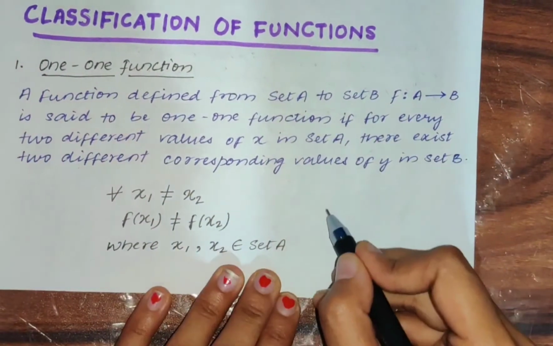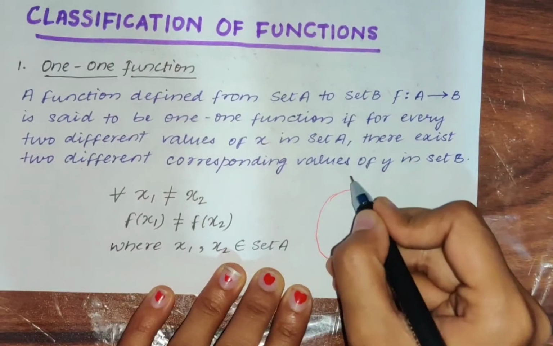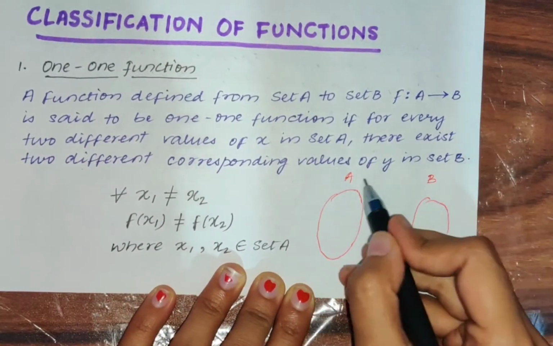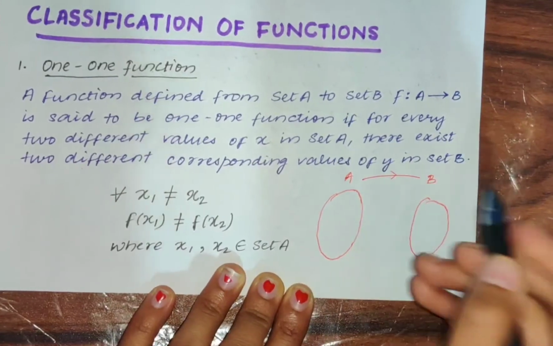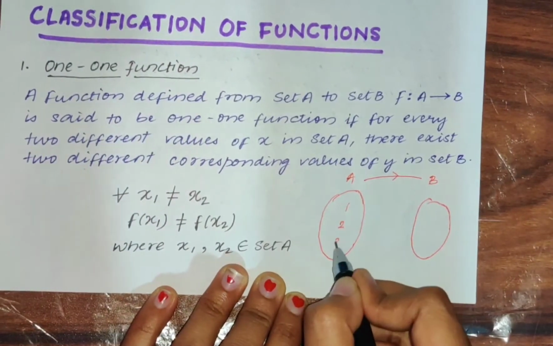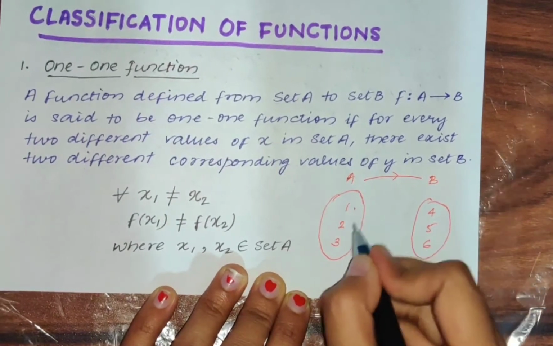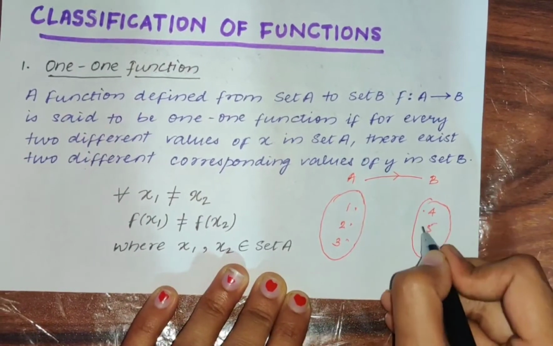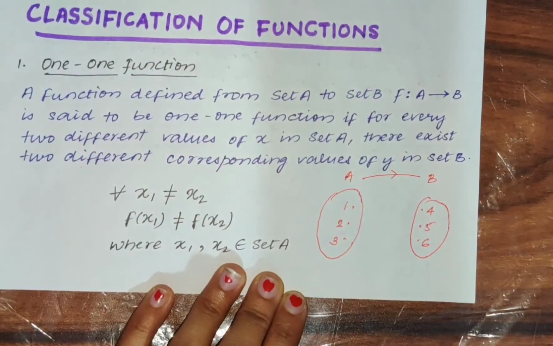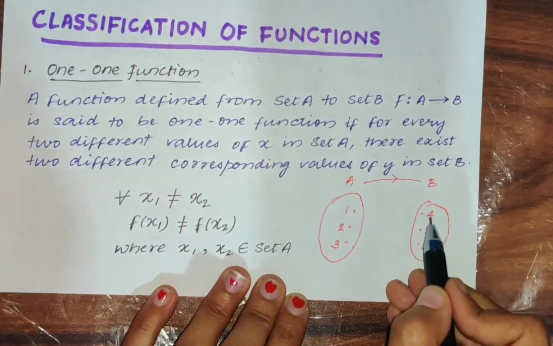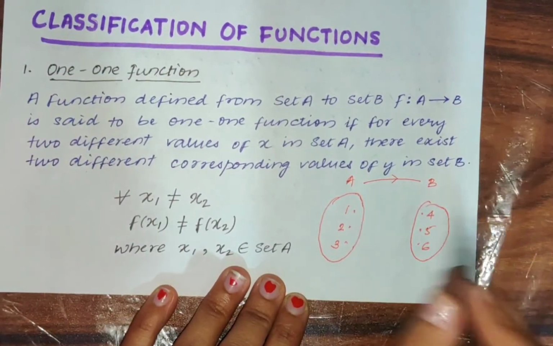Let's make a very small diagram here. Let's say we have set A and set B. These are two non-empty sets defined from A to B. By non-empty sets, we mean they have some values. 1-1 function, as the name suggests, is 1 for 1. There will be one image for one element.